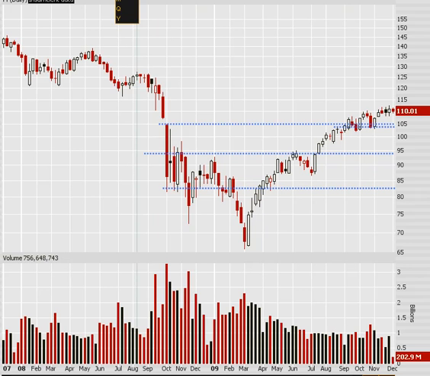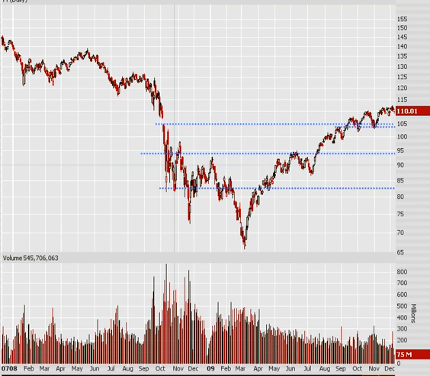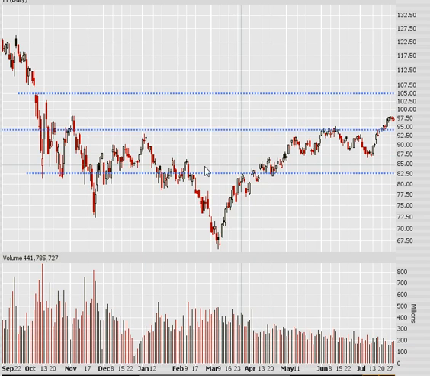And when we switch back to a daily chart, extending the lines to the right, we can see that we have a cluster over here that acts as resistance not only once in January, but again in May.